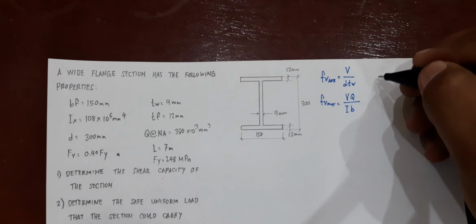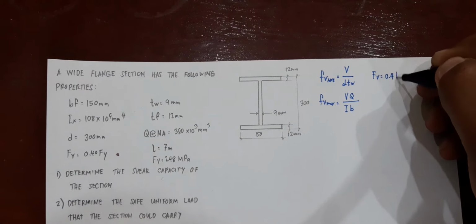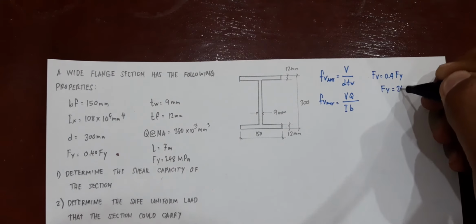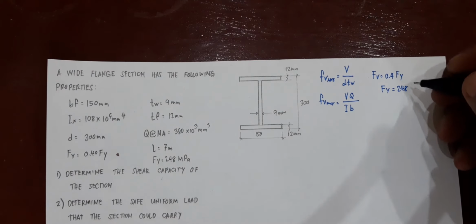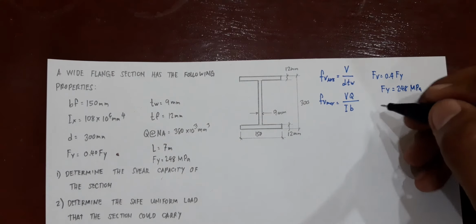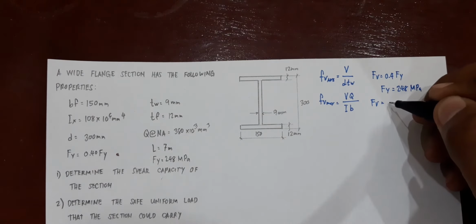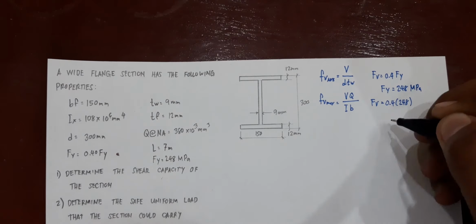Your allowable shearing stress, Fv, is equal to 0.4 times Fy, wherein Fy is 248 megapascals. Basically, that one is for A36 steel. Substituting values, your maximum allowable shearing stress is 0.4 times 248 MPa.